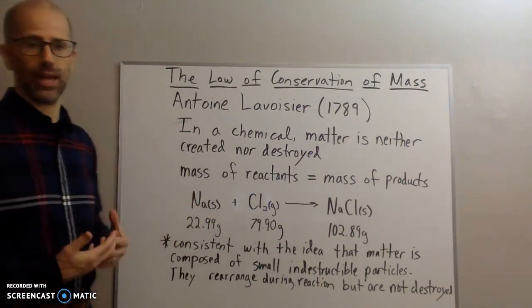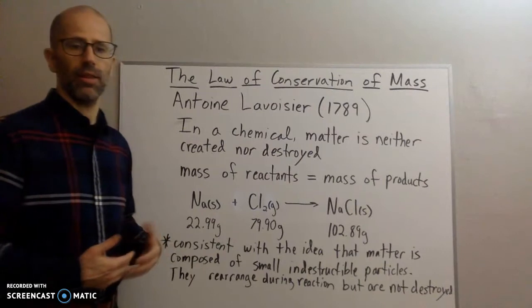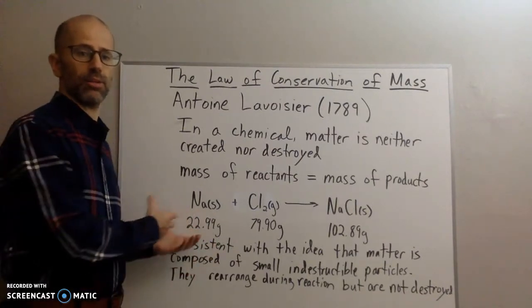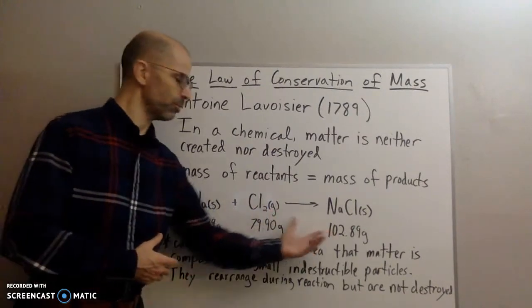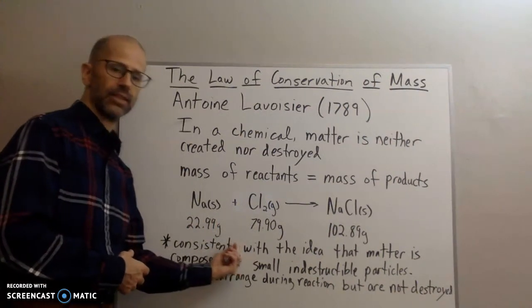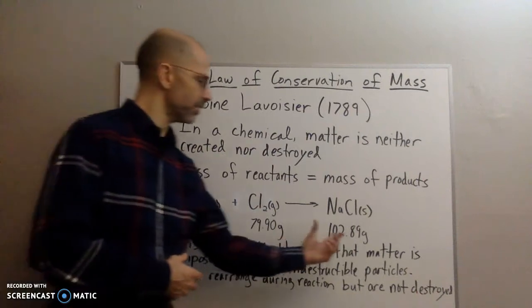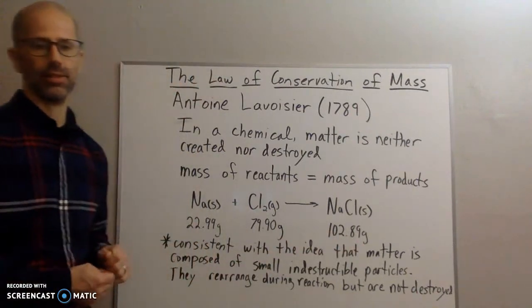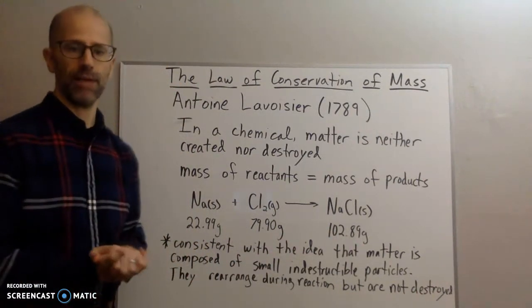And this is the kind of experiment that would be done, and these are the measurements that would be done, and it would be found that if you add the masses of the reactants together, they would equal the mass of the product every time.